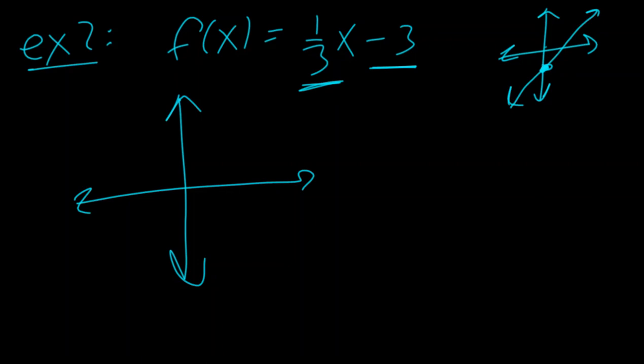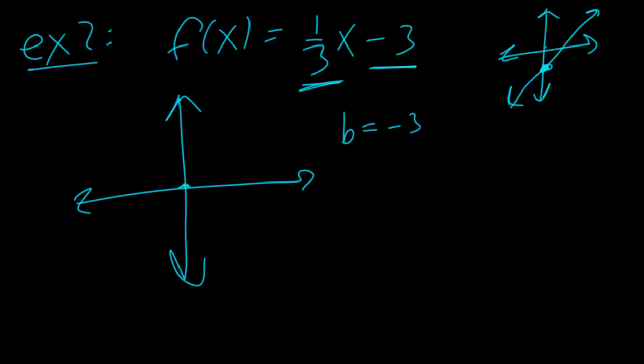All right, and by the way, the reason I'm telling you these rough draft graphs is because if you just understand how a positive slope looks or a negative or positive y-intercept looks, you'll be able to answer these questions without doing any math, okay? So now let's take a look here. We know that our y-intercept is -3.